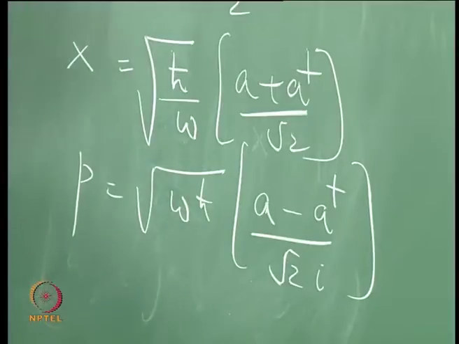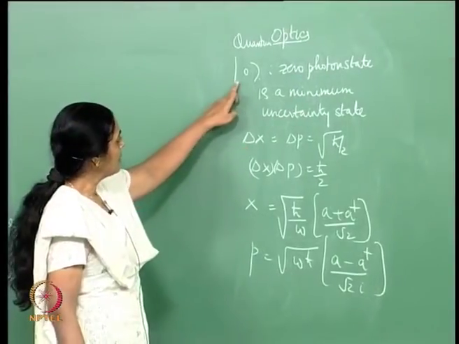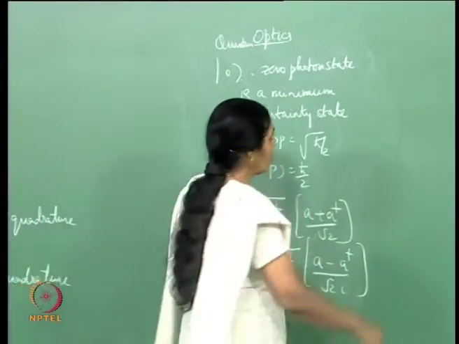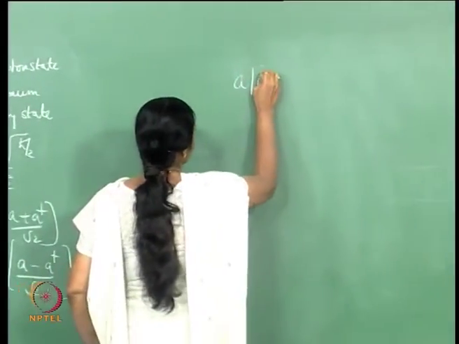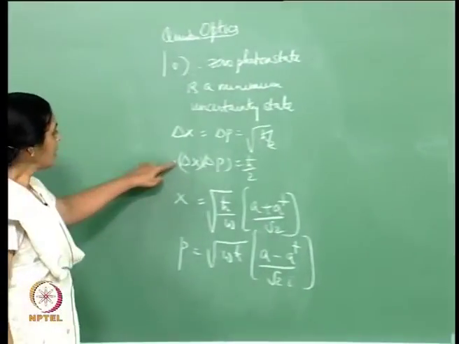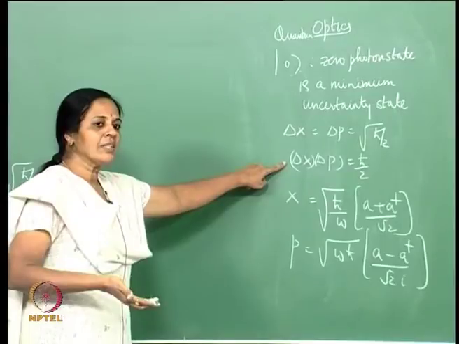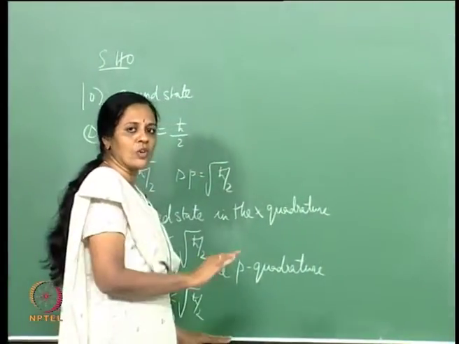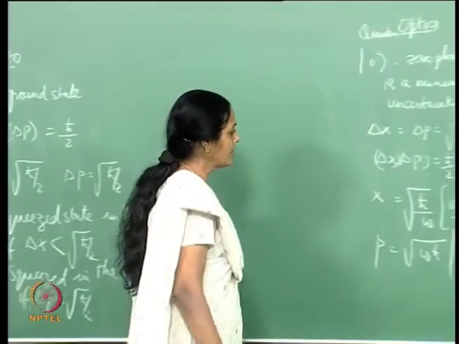So given this, I can find out delta x and delta p in the 0 photon state, where I already know that a on ket 0 is equal to 0. And this is established in precisely the same manner as we established that the ground state of the simple harmonic oscillator is a minimum uncertainty state.